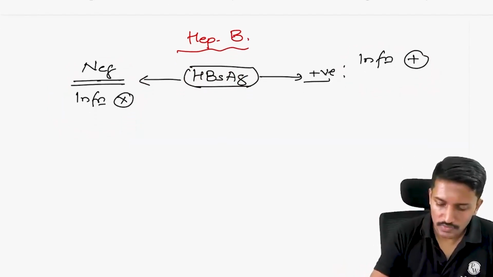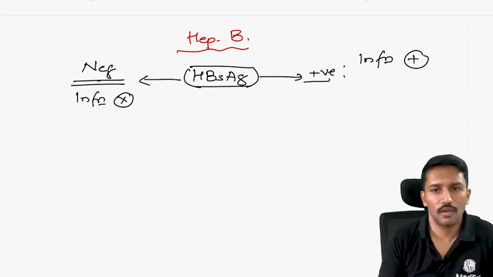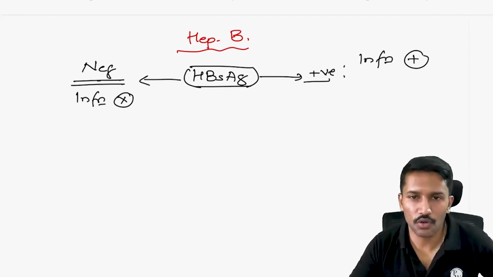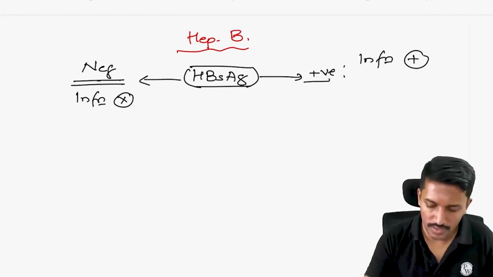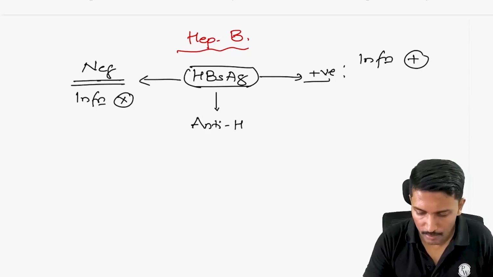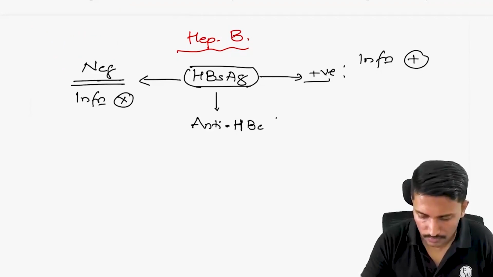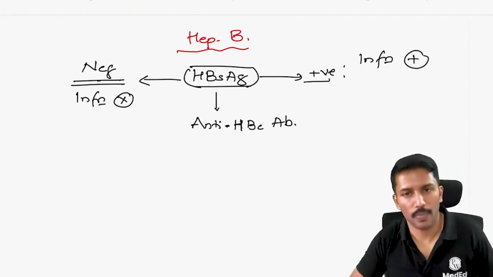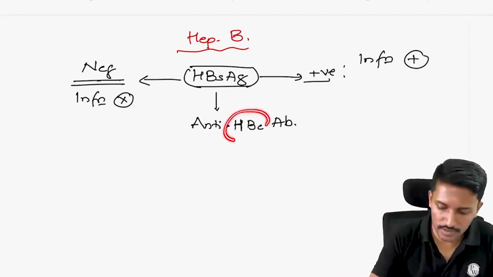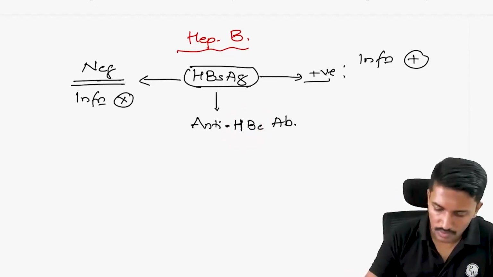Okay. Now, once we have the infection confirmed, that the patient has an infection, my question is to know whether it is acute or chronic. For that, my next step would be to look for the anti-hepatitis B core antigen antibody, anti-HBc. Because remember, the core antigen is not released in circulation, we can only recognize its antibodies, right?